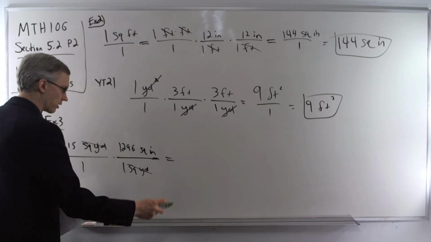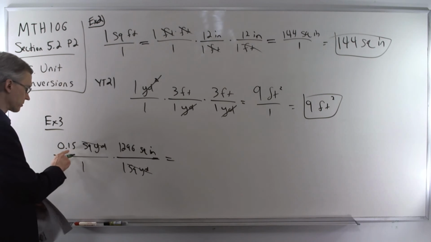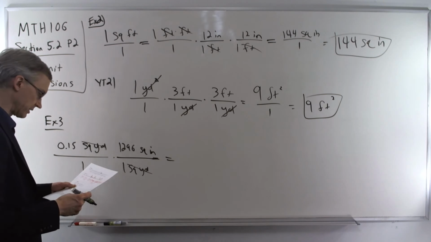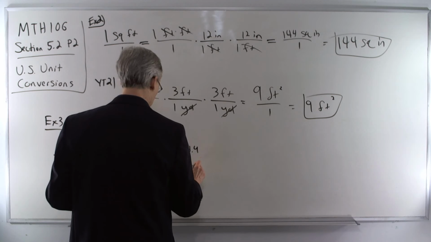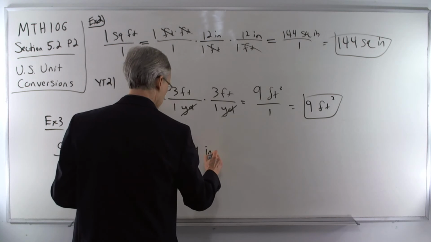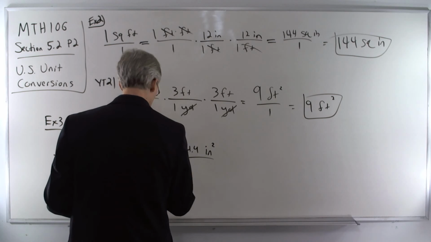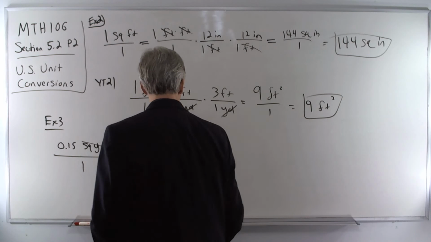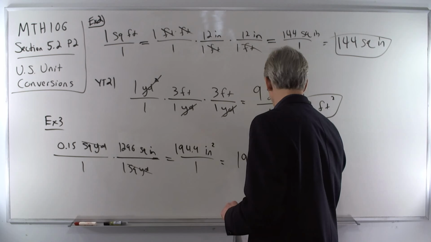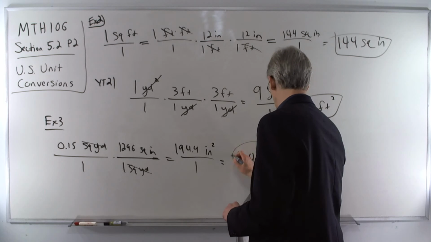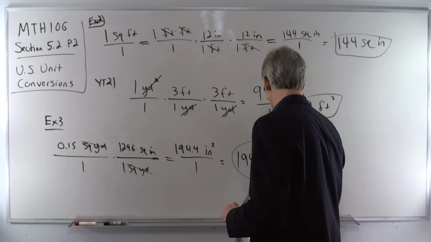Square yards cancel. Multiply straight across, 0.15 times 1296, and that gives us 194.4. Multiplying straight across the bottom, we get 1, so that is 194.4 square inches.